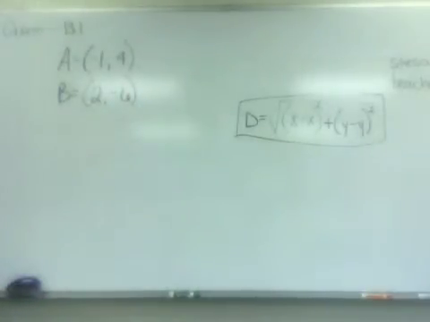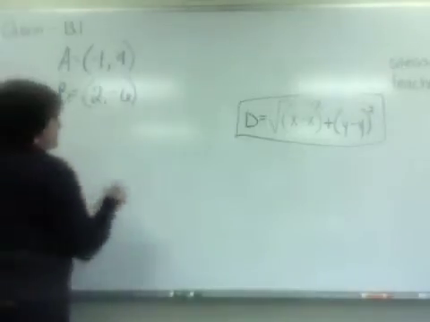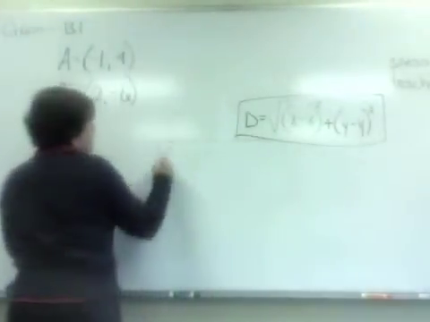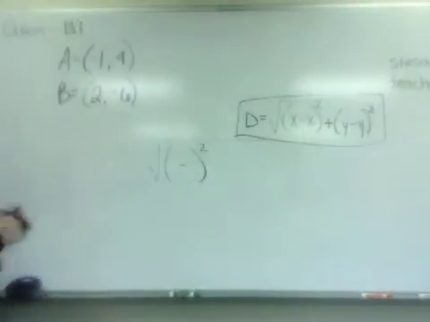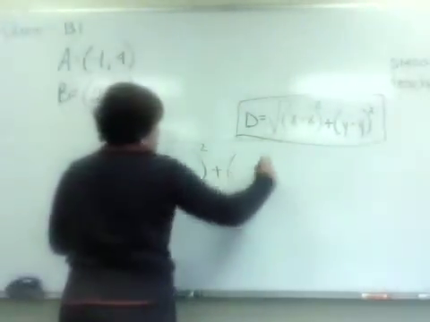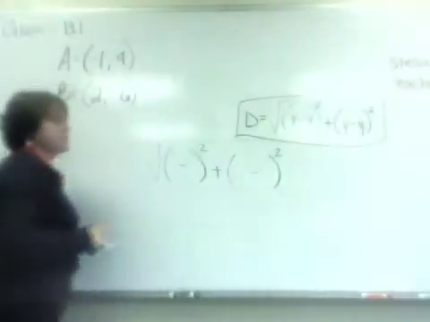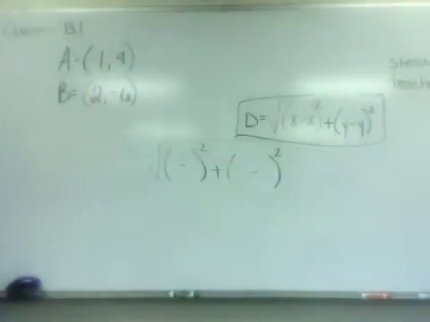We can find the distance between those points without ever having to plot anything on a graph. Our formula is the difference between our x's squared plus the difference between our y's squared, and then we take the square root of the whole thing.